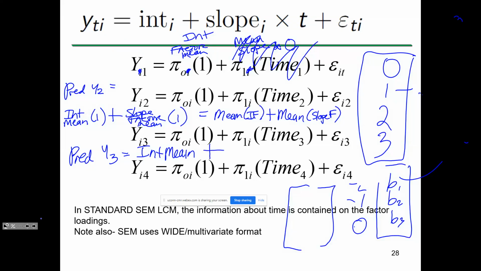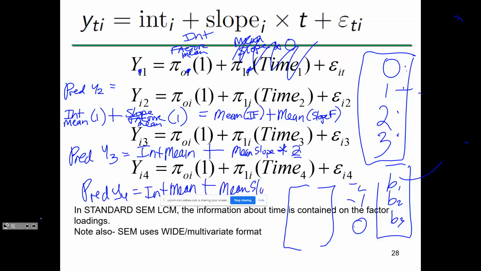So here it's going to be intercept mean times 1 plus the mean slope times 2, because I have this code of 0, 1, 2, 3. And then finally, the predicted score at time 4 is going to be the intercept mean plus the mean slope times, in this case, 3.